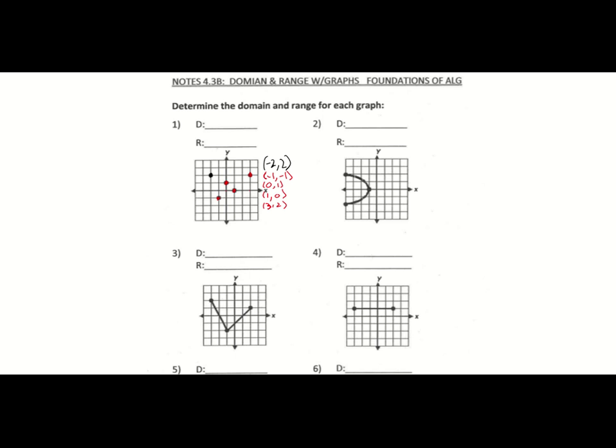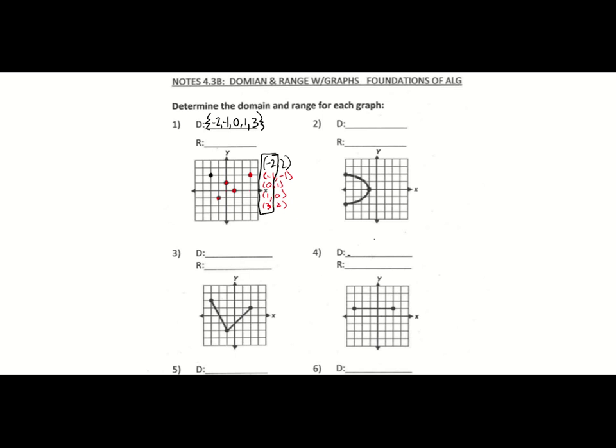So then I can write my domain. My domain here, I have a -2, -1, 0, 1, and 3. Those are all my x values right here.